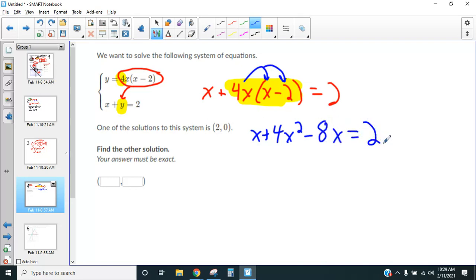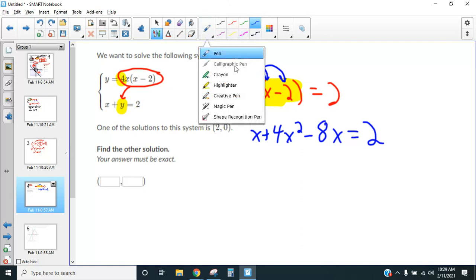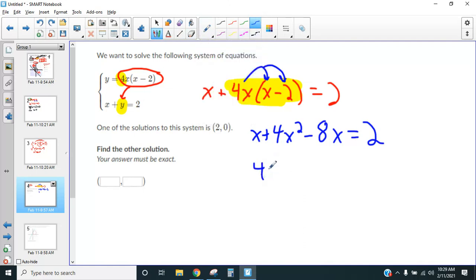That's a 2 over there. It's a terrible 2. Somebody help me combine these. On the left side, I can combine 2 things. Good. All right, so we have, just to point that out, right? You can combine the 2 x's. So we got 4x squared. This is a 1x. That's a negative 8x. Right? Okay, equals 2.